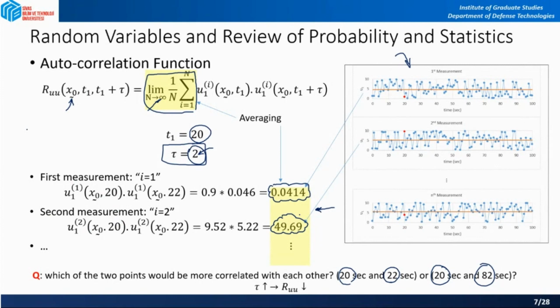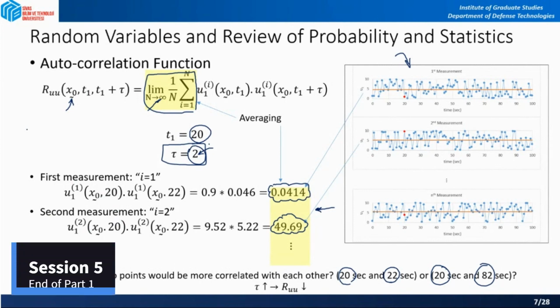As you decrease this tau value, you will get higher and higher correlation. This autocorrelation value is actually a quantification of how these points in signals are correlated with each other. As you just guessed, as you increase tau, your correlation level drops down.